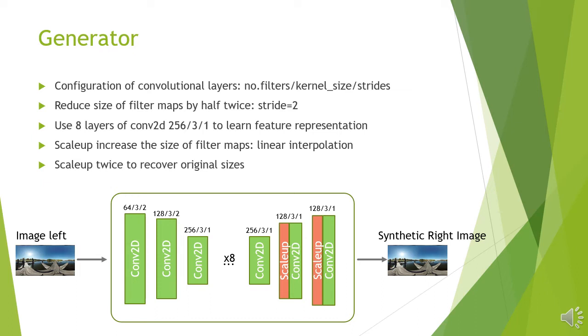On the other hand, the counterpart of the stride equal to 2 is the scale up layer, which is colored red here. Every time this layer is applied, the size of the feature map will double. And we use 8 convolutional layers in total in the middle part for feature representation.